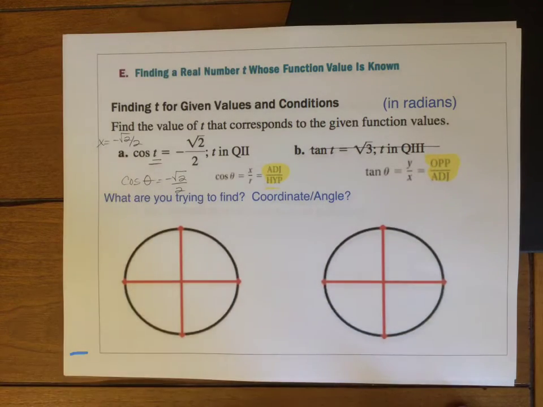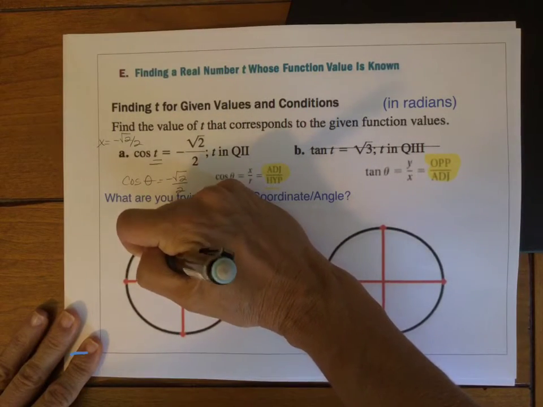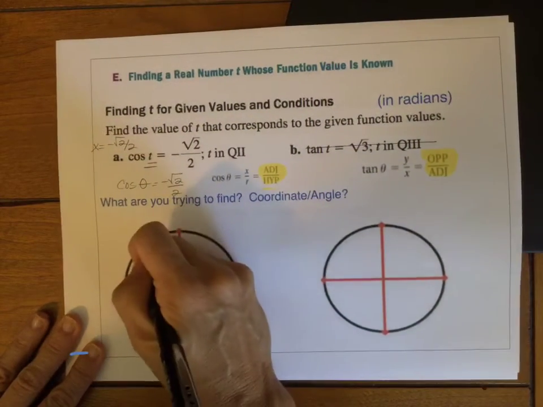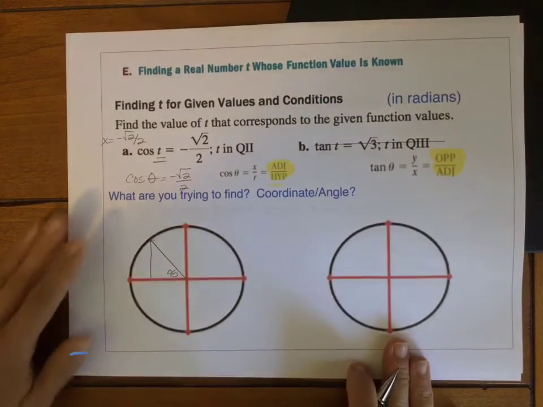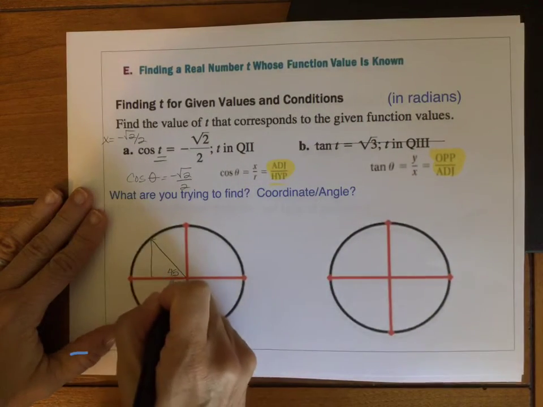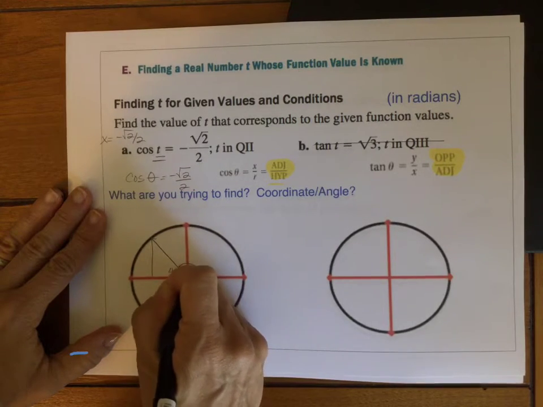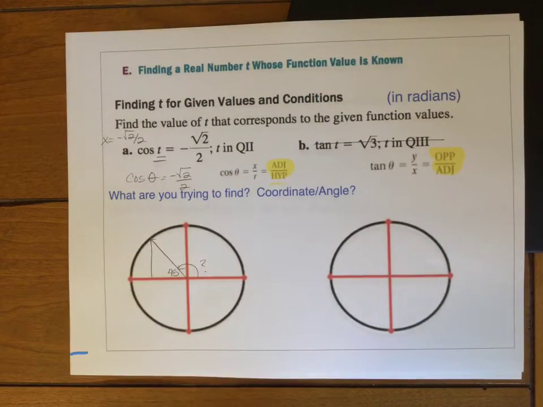The other way to think about it is it's root 2 over 2. It has a negative sign on it, but it must be from a 45, 45, 90 triangle. So I'm going to draw it here in quadrant 2, and I know that my reference angle is 45 degrees. If this is 45, then I can find this angle, which is what I'm trying to find.